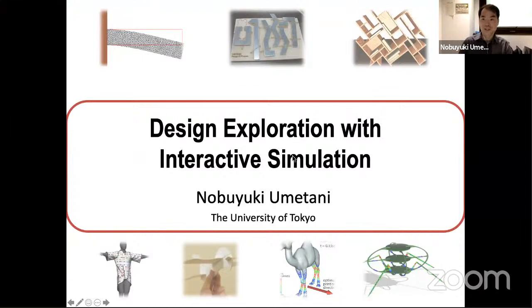Okay, thank you again for the fabulous introduction. Hi, I'm very pleased to give this talk, and I'm really honored to be invited to such a seminar on computational fabrication. My name is Nobuyuki Umetani, and today's motivational talk is titled Design Exploration with Interactive Simulation.